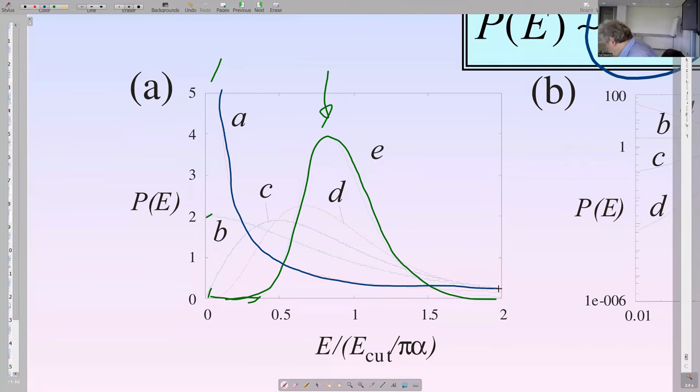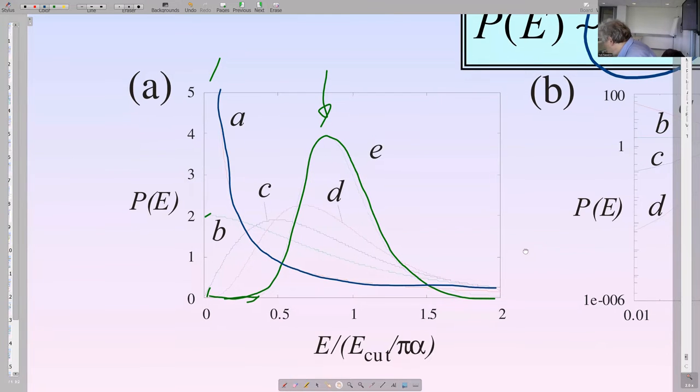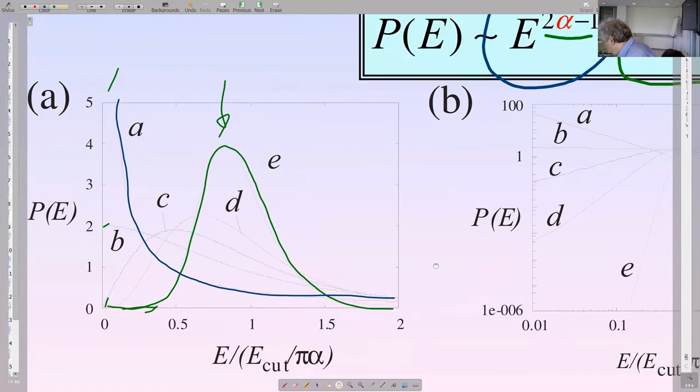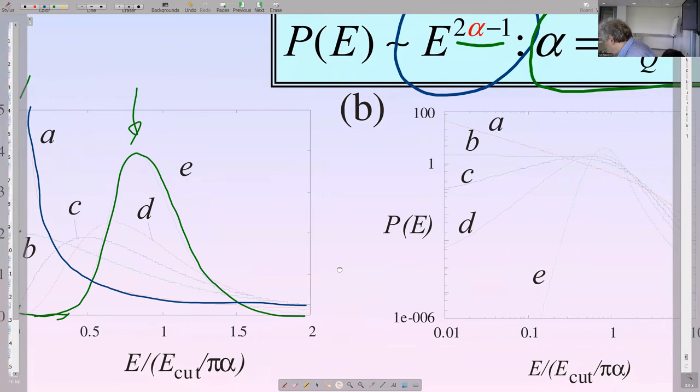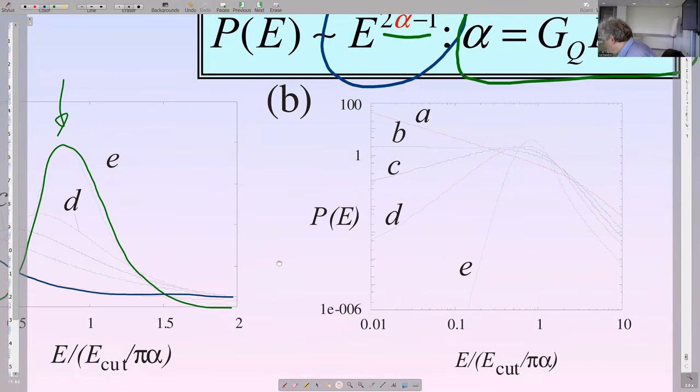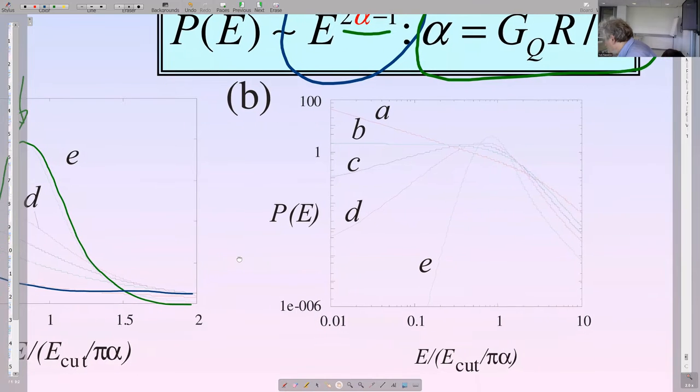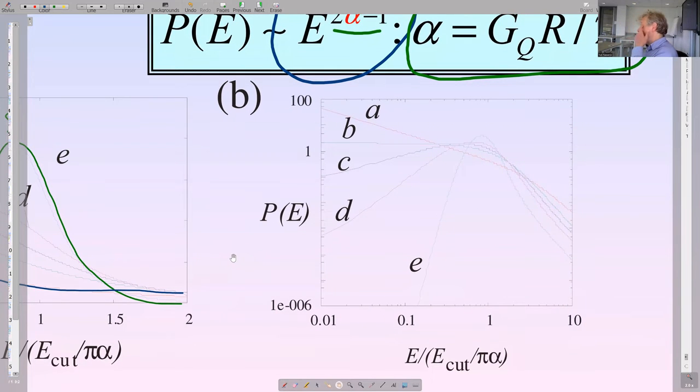Good. So just to illustrate the power law character, I made the same plot in log scale, a double log scale.